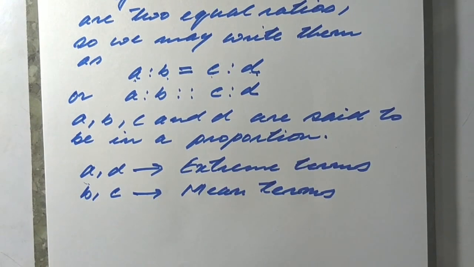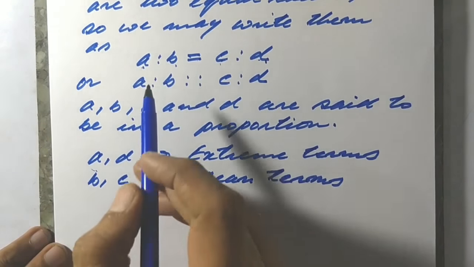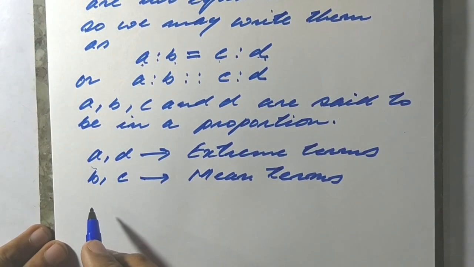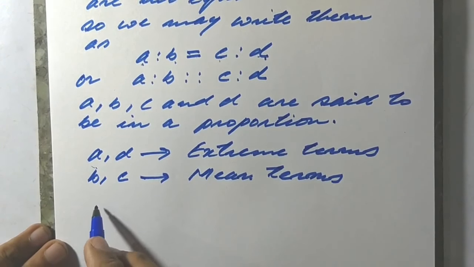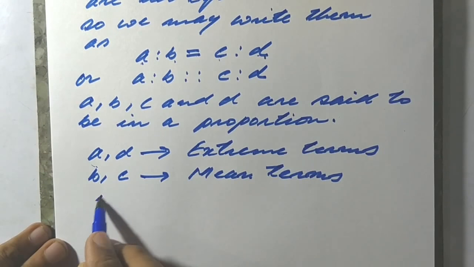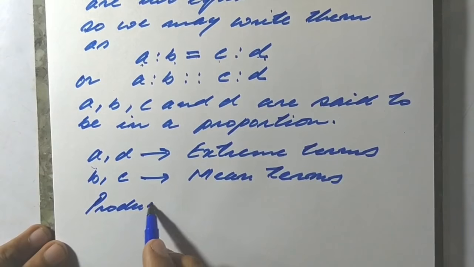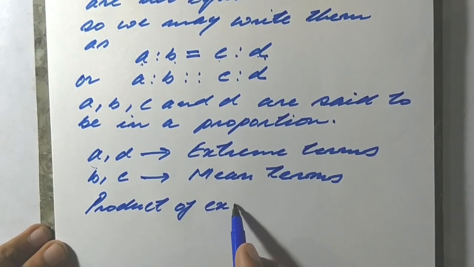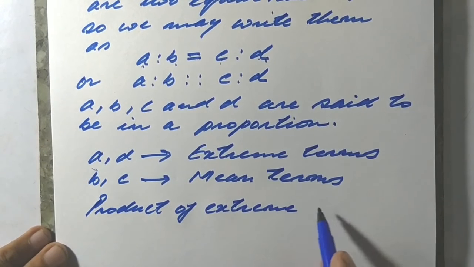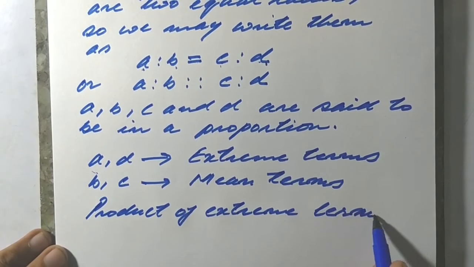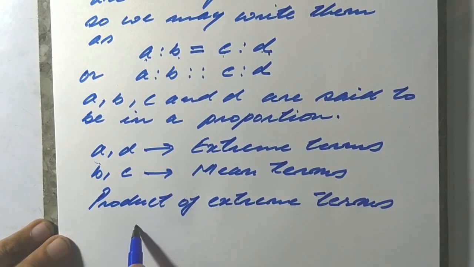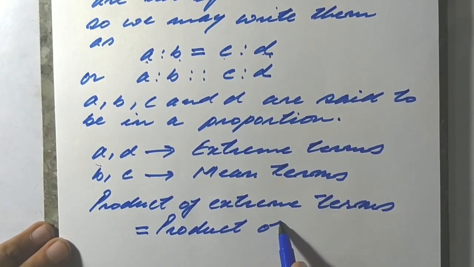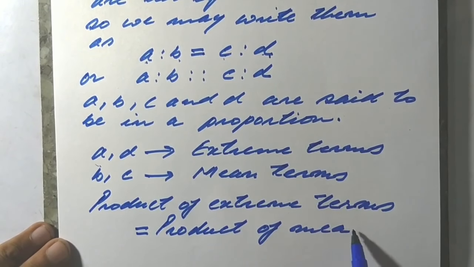And the property is the product of extreme terms is always equal to product of mean terms if four quantities are in proportion. Product of extreme terms is equal to product of mean terms.